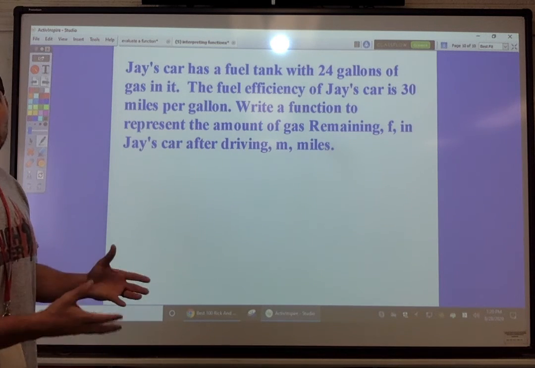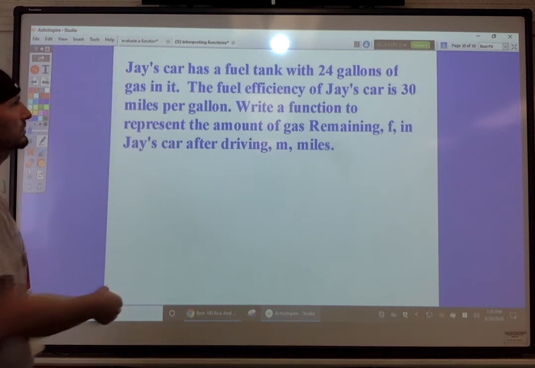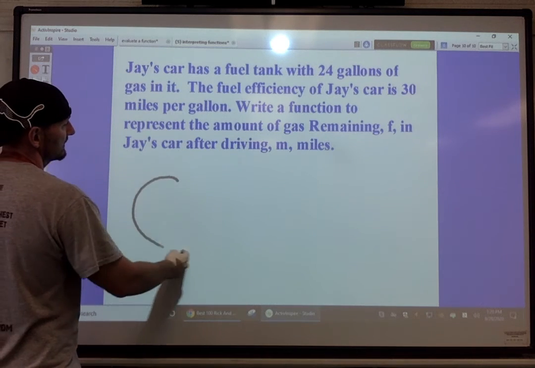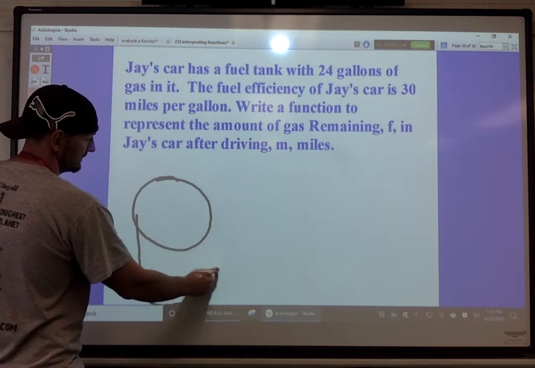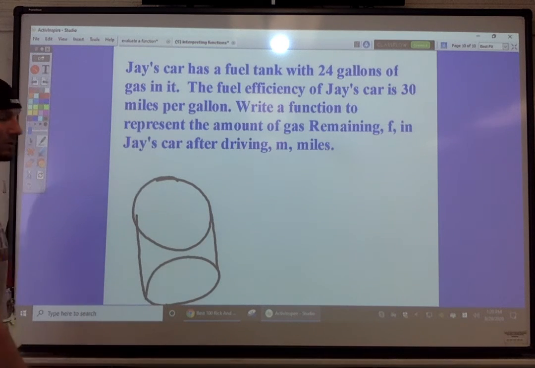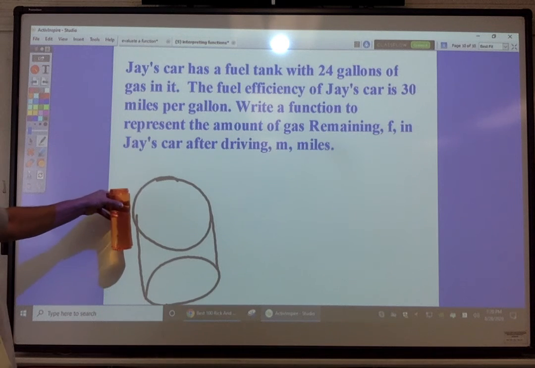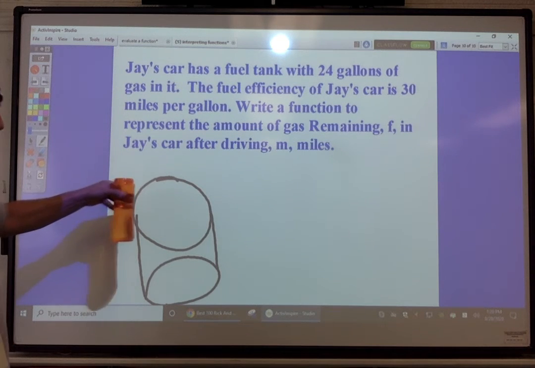Alright, so to visualize this one, since you've struggled with it, let's just view a gallon right here. I'm not good at drawing. So there's a gallon in that cylinder, which is really horrible, because they don't look anything alike, really. So yeah, you got this.